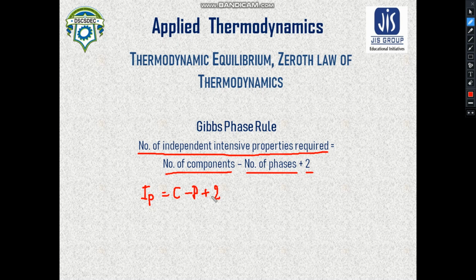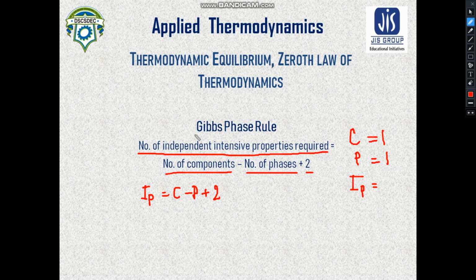Let us consider the number of components is 1. That means a gas is present in a piston cylinder arrangement. The gas is our system, so it is a single component, and the phase is also 1. So C becomes 1, and P, that is phase, also becomes 1. So we find that IP, the number of independent intensive properties, becomes 2.